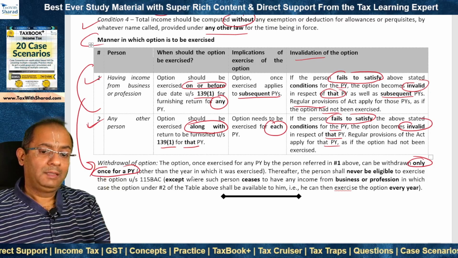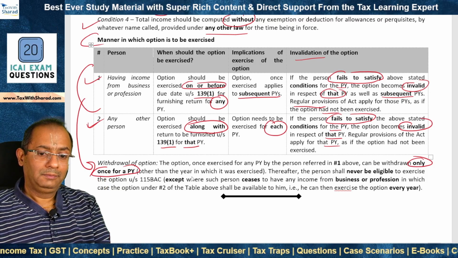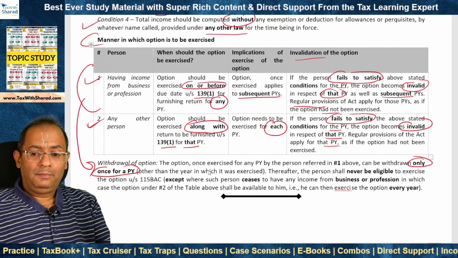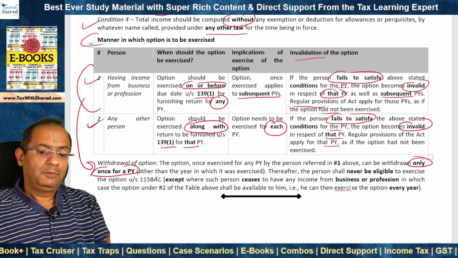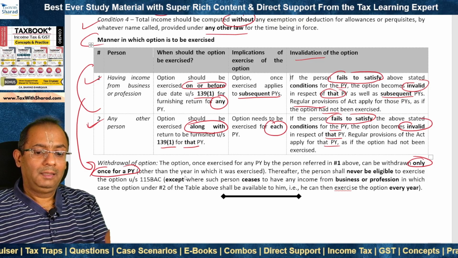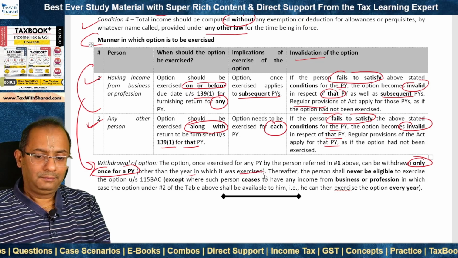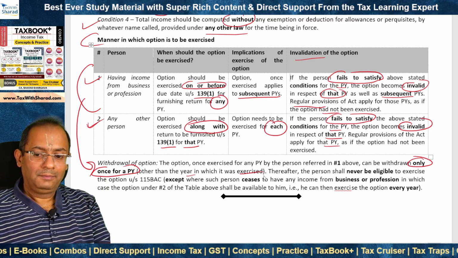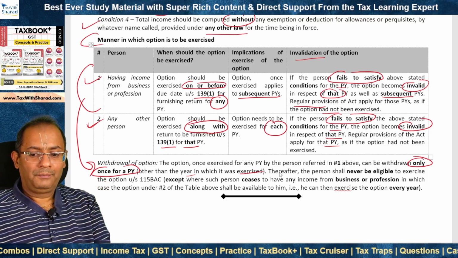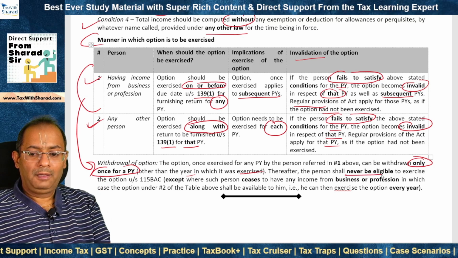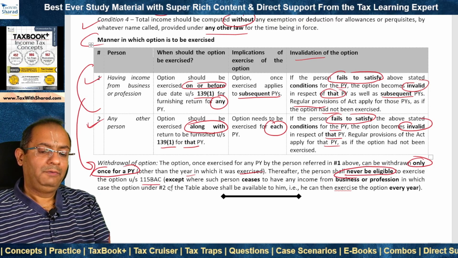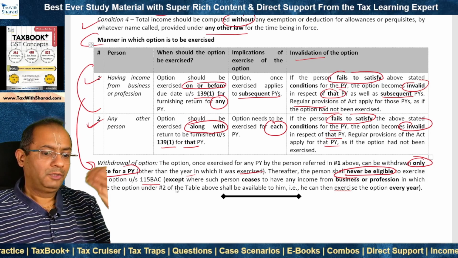But not in the previous year in which the person has opted for it. The option can be withdrawn only once for a previous year other than the year in which it was exercised. But there is now a restriction which becomes applicable. Once the option is withdrawn, the person can never become eligible to exercise the option under section 115BSE. So the option lapses forever.